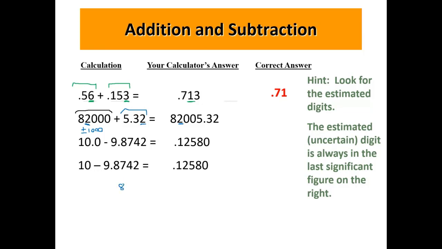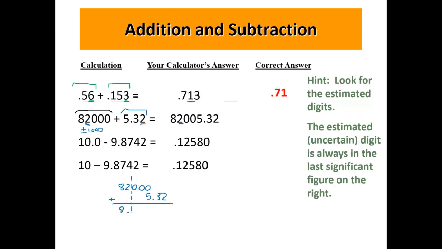Alternatively, if you were to write this out and line them up along where the decimal point would be, here's 82,000, and here's your 5.32. If I am adding these up, I go left to right until one of the numbers stops having significant figures. Well, that's right here.